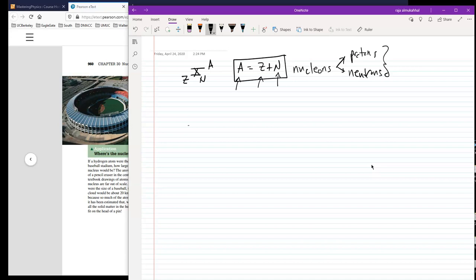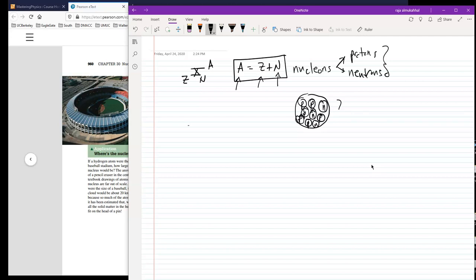The classic picture of a nucleus is to think of it like a bag or a sack filled with nucleons. So you have protons here and neutrons. They're not necessarily equal, as you may know.